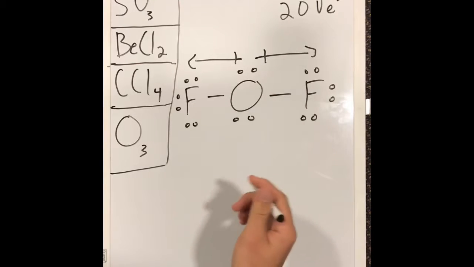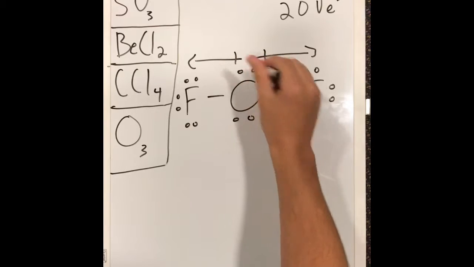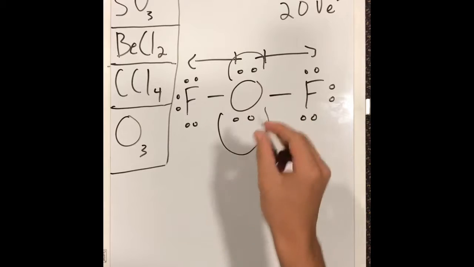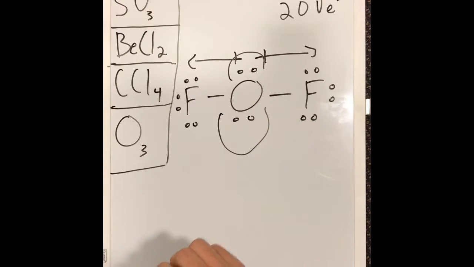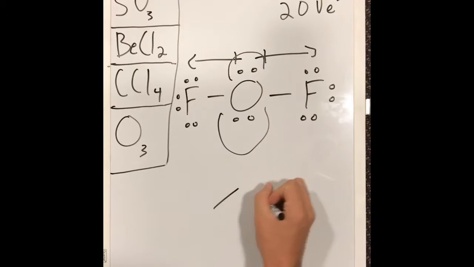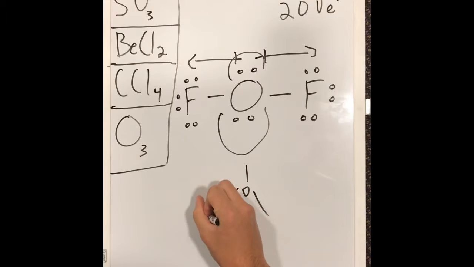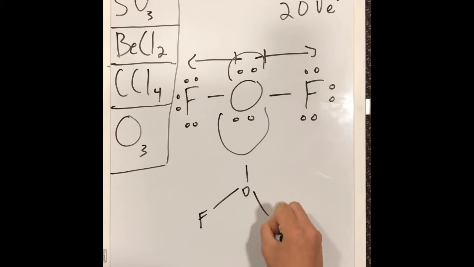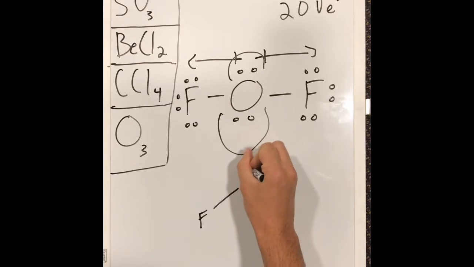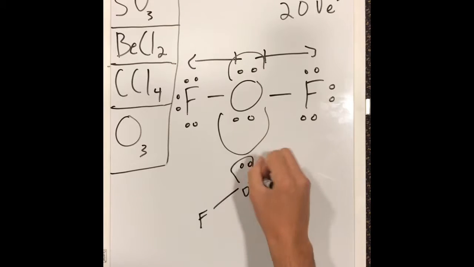At this point, you would think it would be nonpolar. However, you have to account for the domain geometry. We have two non-bonding pairs, so this will actually be a tetrahedral, and that would look something like this.